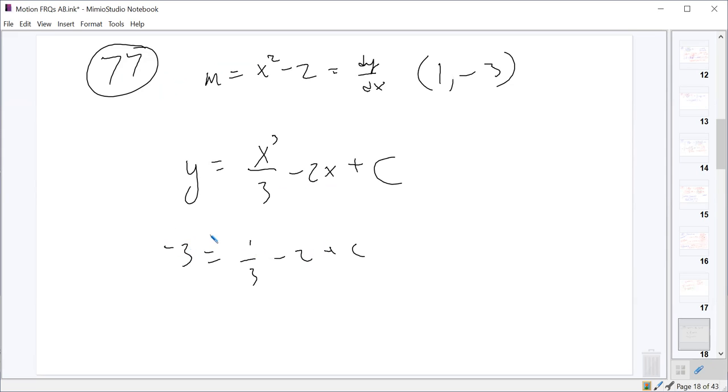And negative 9/3 plus 5/3, that'll be negative 4/3. So it looks like it's y equals x cubed over 3 minus 2x minus 4/3. Choice D.